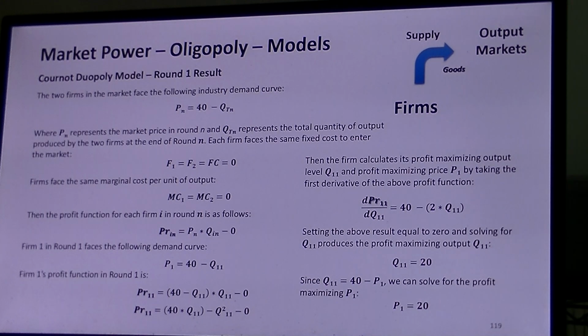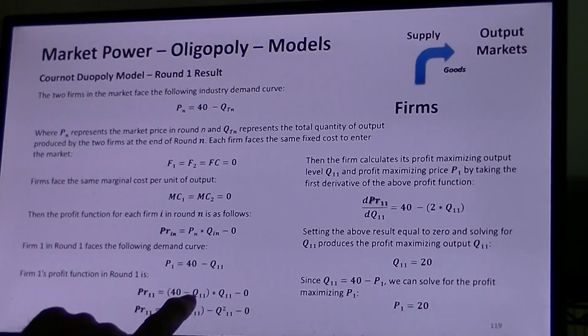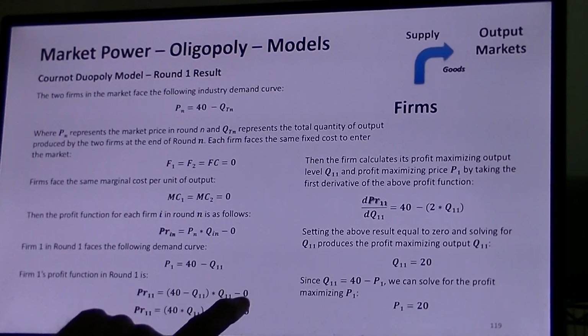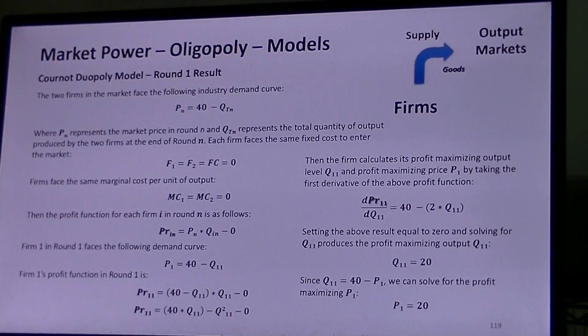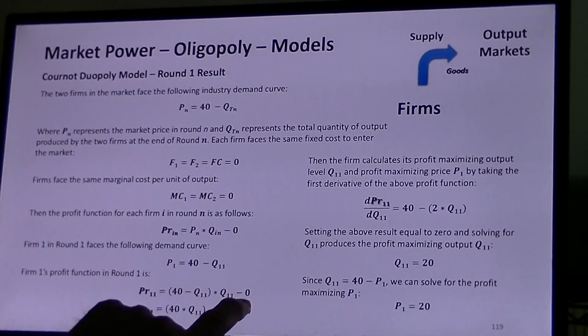That is the demand curve. So it's price times quantity equals the revenue. Since price equals this, that's 40 minus Q11, and the quantity in round 1 is Q11. So we multiply that by Q11, and that's our profit. We minus the 0.